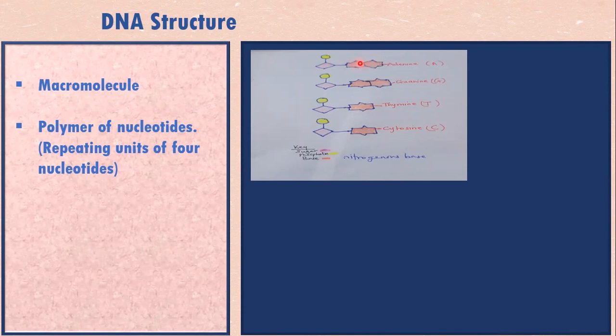And of the nitrogenous bases, there are 4 types. One is adenine. We'll look at the detail in good time. Guanine, these are 2 rings. You have thymine and cytosine. Now, these nitrogenous bases are different, but the phosphates and the sugar are completely the same.